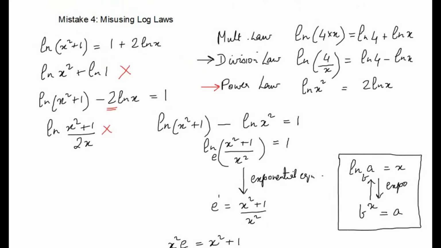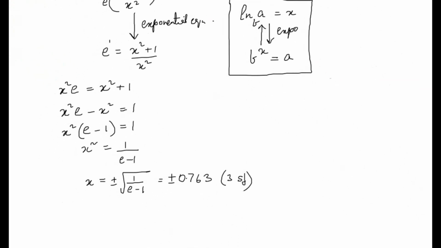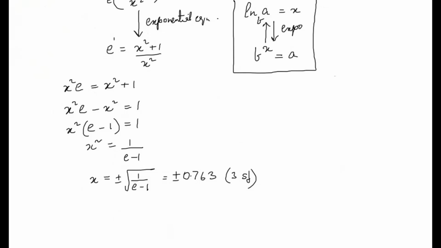The first one is log(x squared plus 1) and the second one is log x. We have forgotten to look at the domain. So x squared plus 1 has to be greater than 0 and x has to be greater than 0 based on the two logs given to us originally.